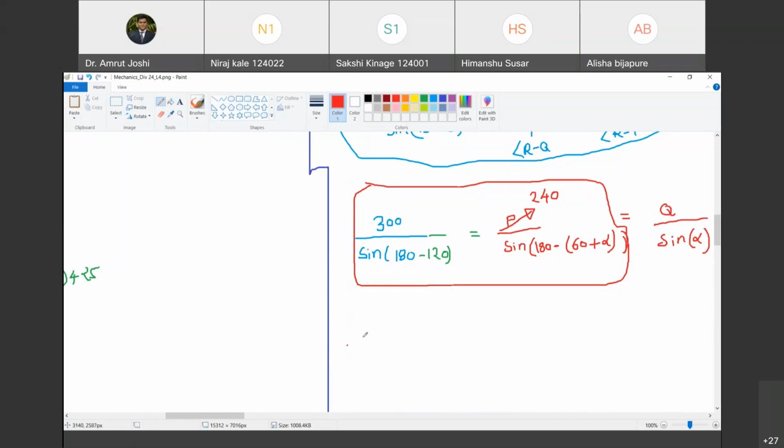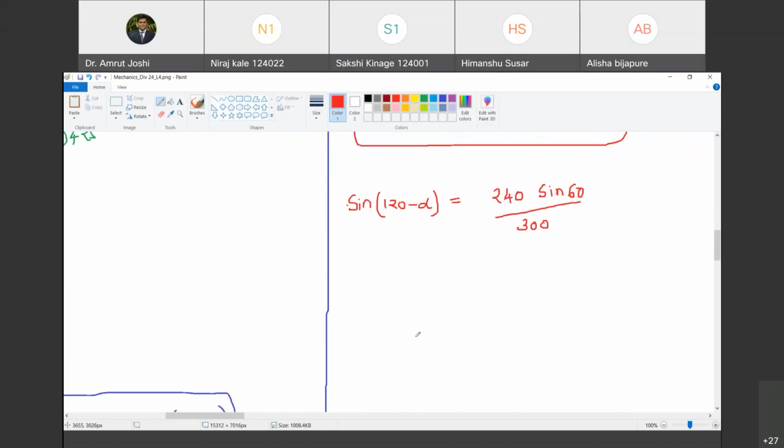But let us now go by the traditional process for the time being. So I take this term on the other side. So I get sine of 180 minus 60 turns out to be 120 minus alpha. So sine of 120 minus alpha has to be equal to 240 multiplied by sine of 60, divided by 300.